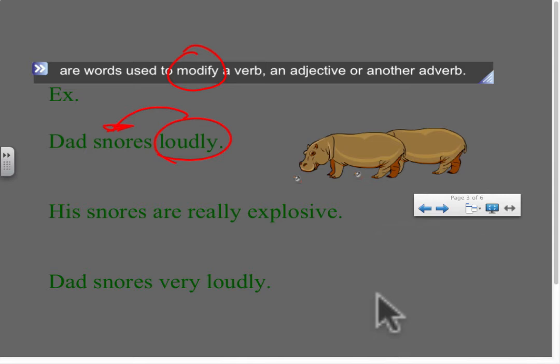What do you think? Is there an adverb in that one? You're going to see really modifying explosive. They're not just explosive, they're really explosive. Dad snores very loudly.